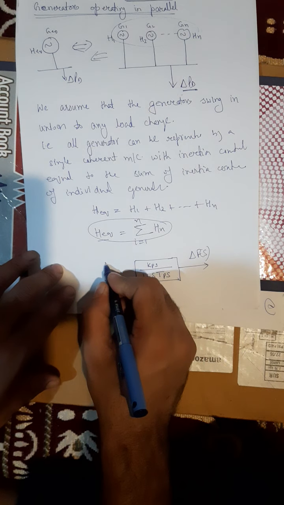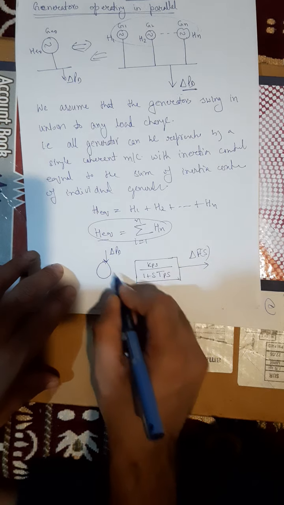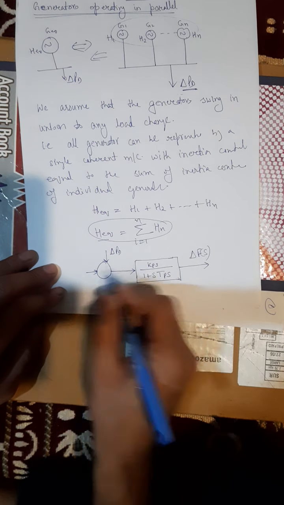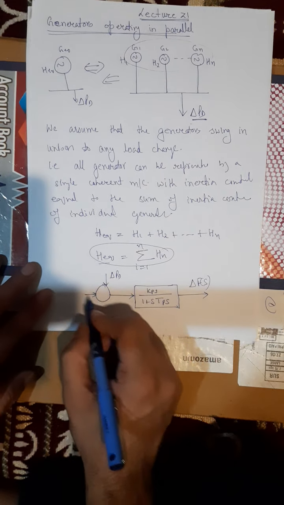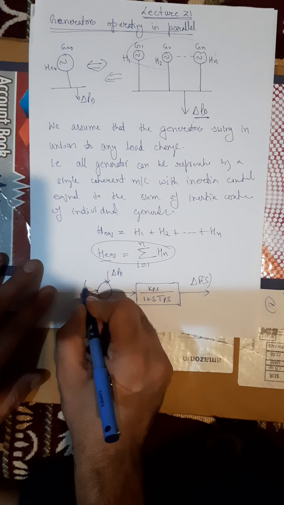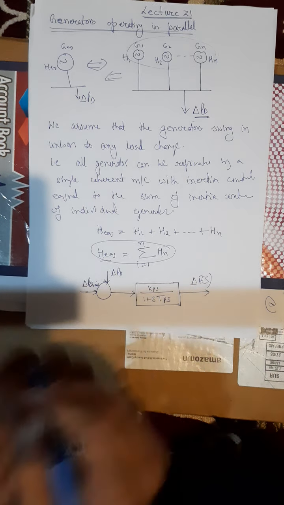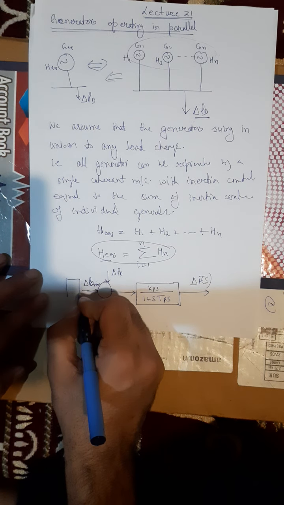So how can I represent it? Here it was delta PD, and here I have delta PG equivalent. So this delta PG equivalent will be equal to what?